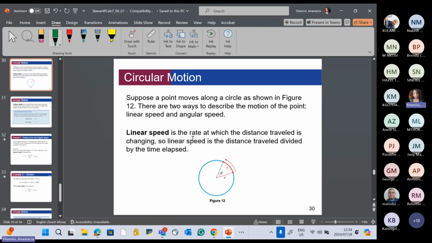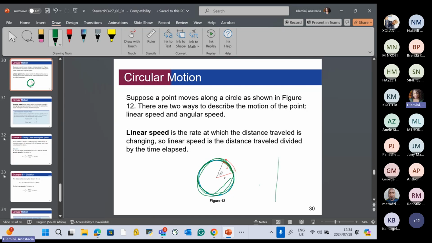So the linear speed deals with the distance traveled, meaning that it deals with this distance here on the circle. The rate at which this S is changing, that's the linear speed. Right? I got you.